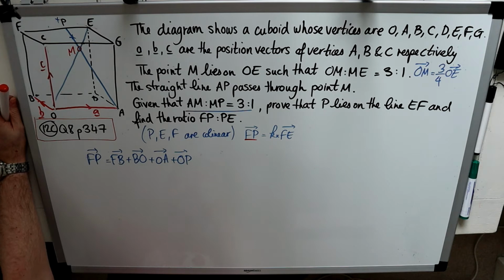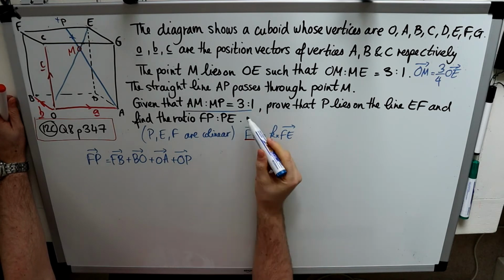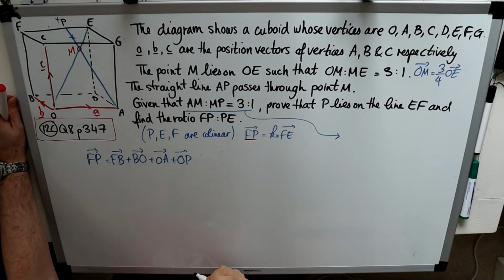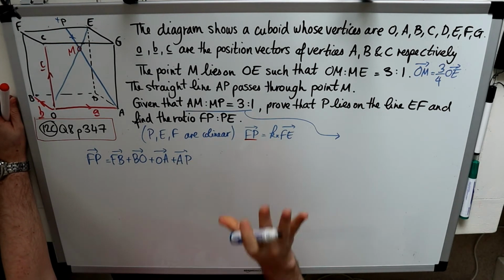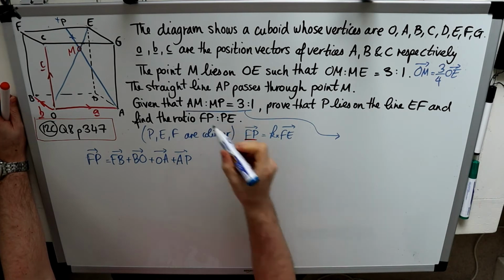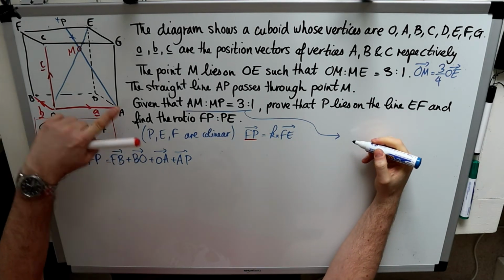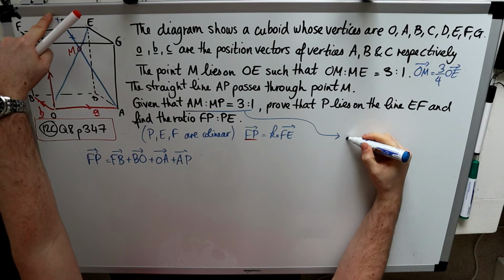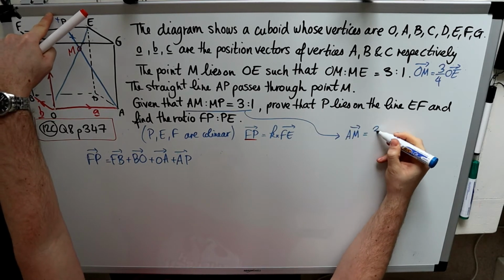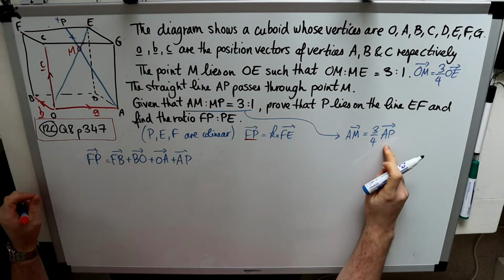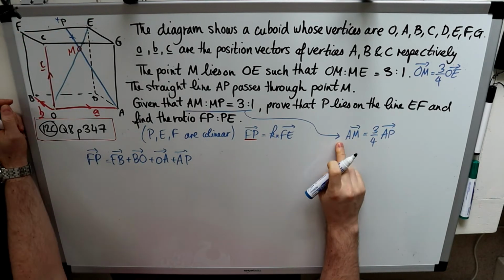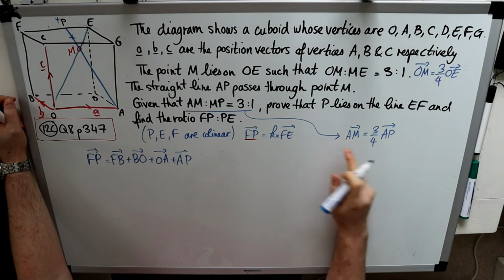So what I'm going to use is the fact that AP, sorry, not OP, I did it again, there we go, AP, apologies. If I use this thing here, essentially what I'm told is that AM is 3/4 of AP, which means that AP is going to actually be 4/3 of AM.